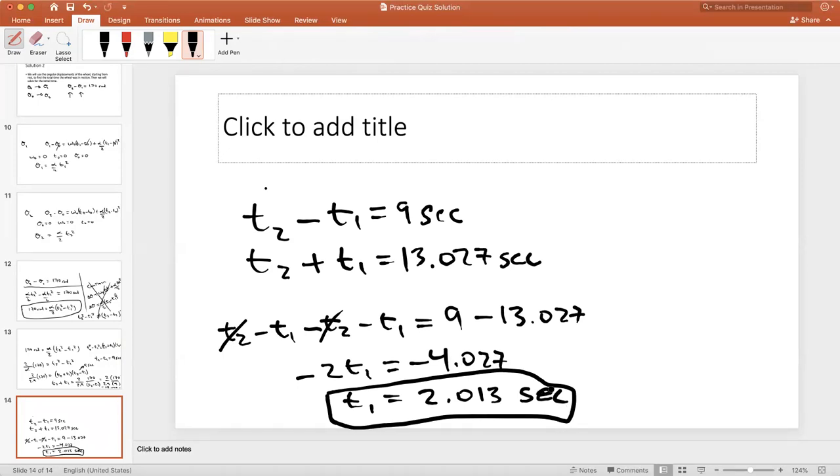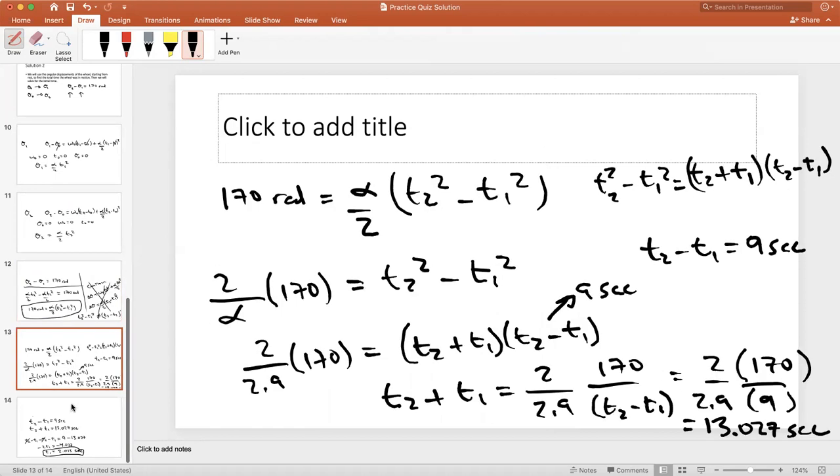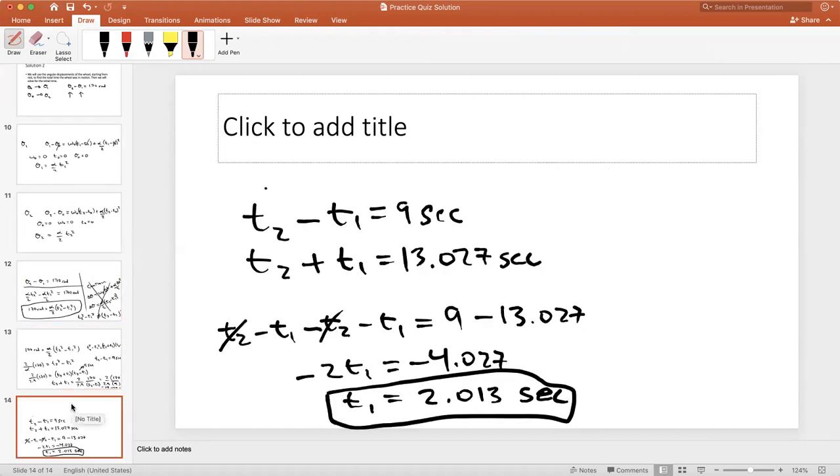As I said, this method is a little bit more sophisticated because you had to make sure that you were able to derive this equation correctly. Had you naively done it this way, you would have gotten this answer wrong. You can also go back and check and make sure that the angles work out. We're not going to do that, but that is the correct answer.